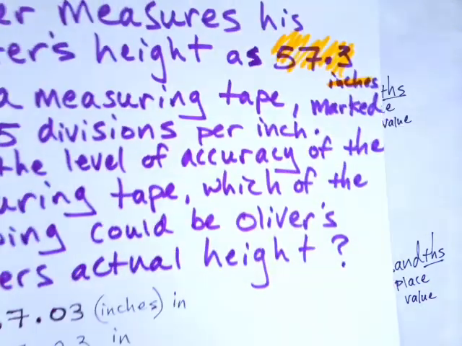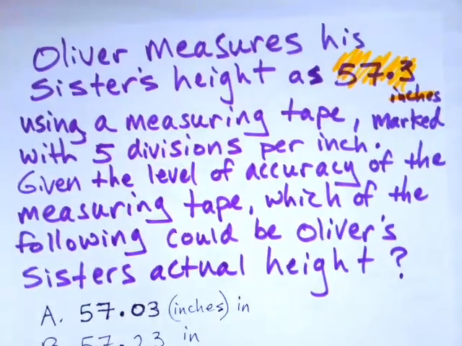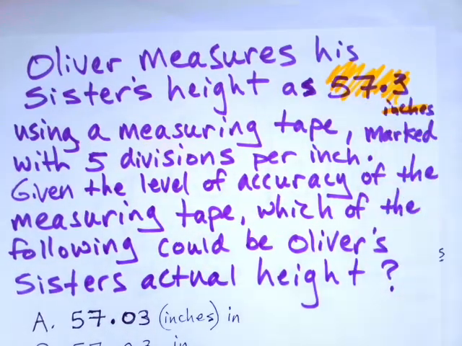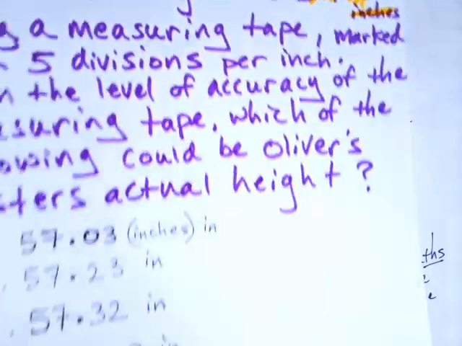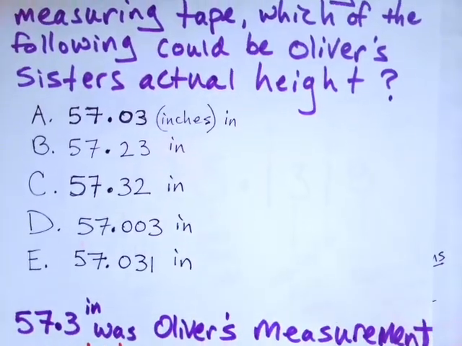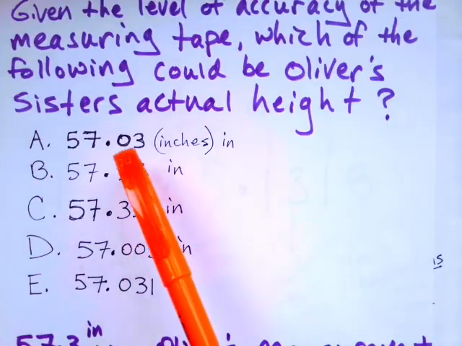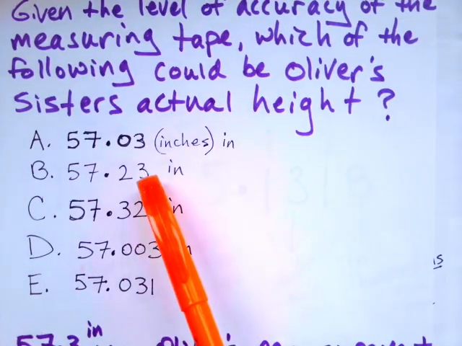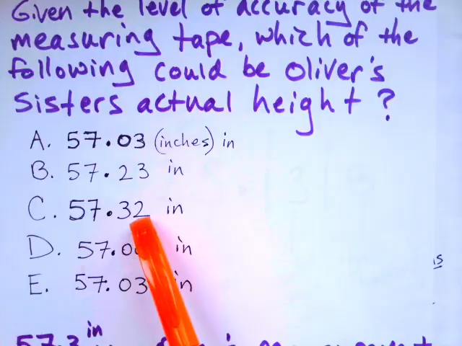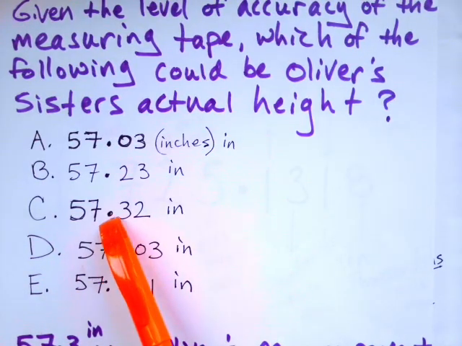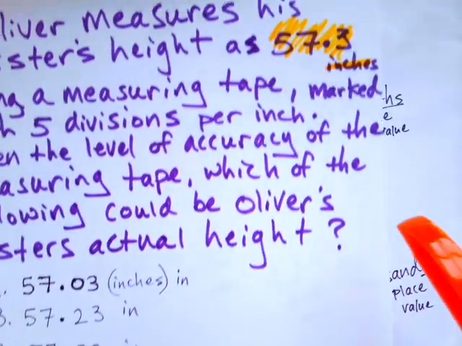In looking at the test question, you can see the measurement of 57.3, or 3/10ths. And the options we have down here are 3 hundredths, 23 hundredths, 32 hundredths, right? 57.32.